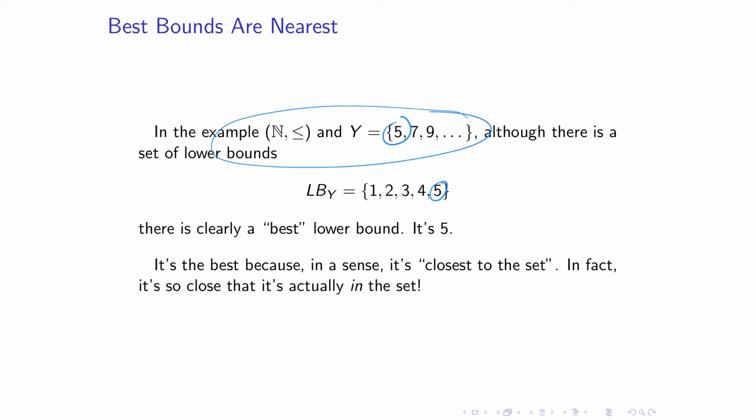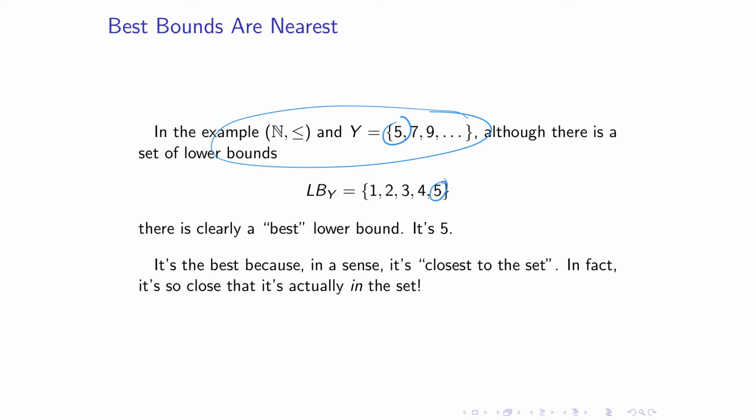This is a little moment where I'm trying to motivate the notion of a best lower bound and also a best upper bound. So for now, we're going to be just a little bit informal and just appeal to your intuitions.